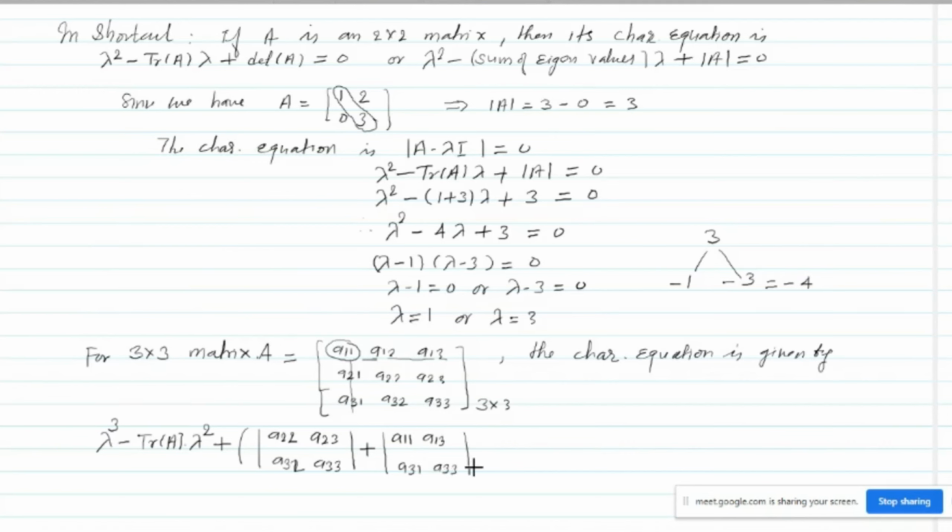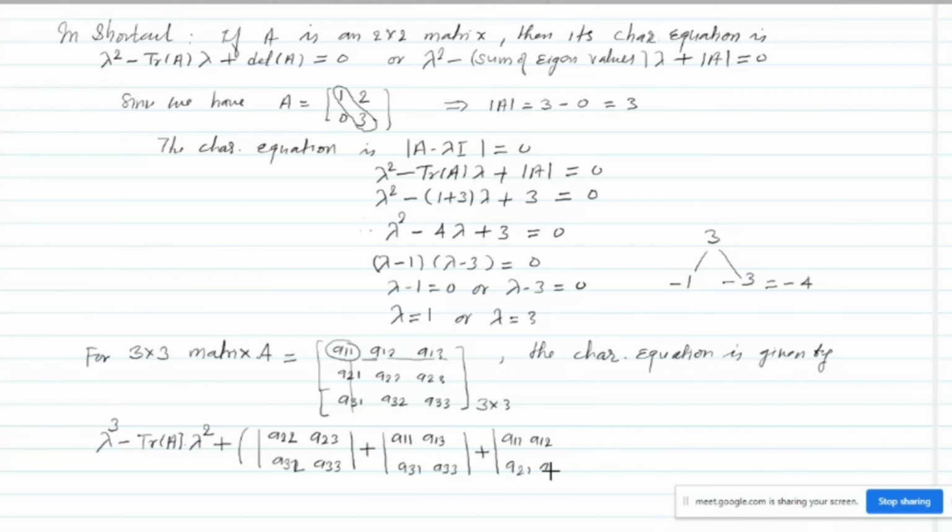And plus, the last diagonal element is A33. We ignore this column and this row, so what remains is A11, A12, A21 and A22.